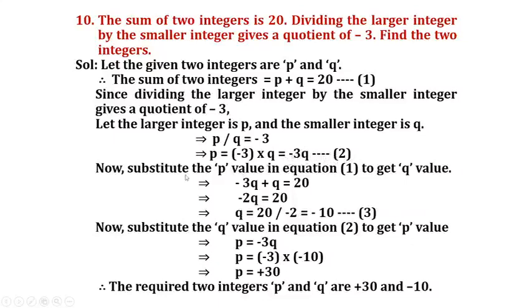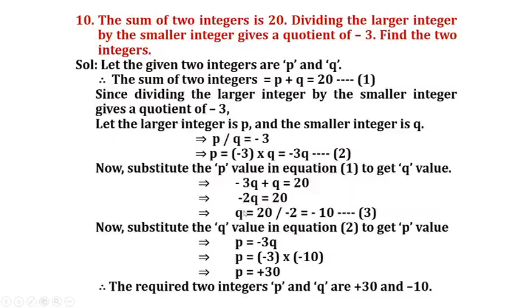Substituting p is equal to minus 3q in equation 1, we can write minus 3q plus q is equal to 20. Now it has become an equation in a single variable. So minus 3q plus q, you can write minus 3 plus 1 is minus 2. So minus 2q is equal to 20.